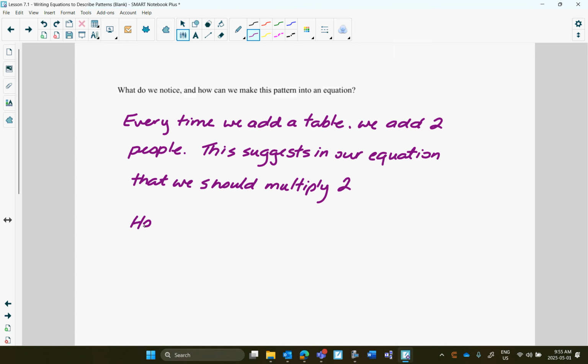However, when we do this, we are always short by 2.